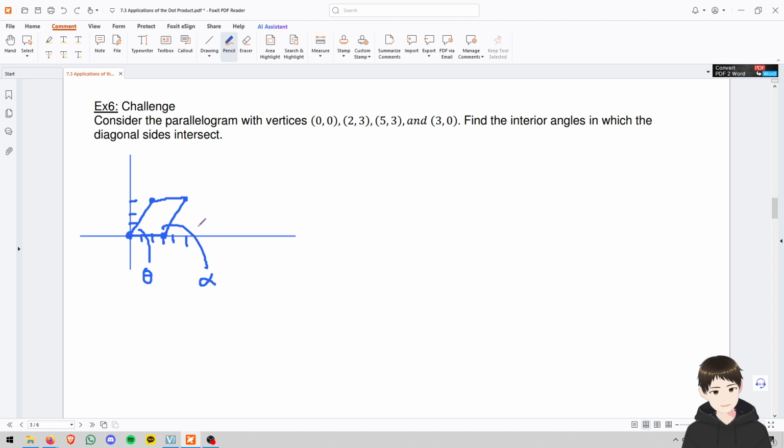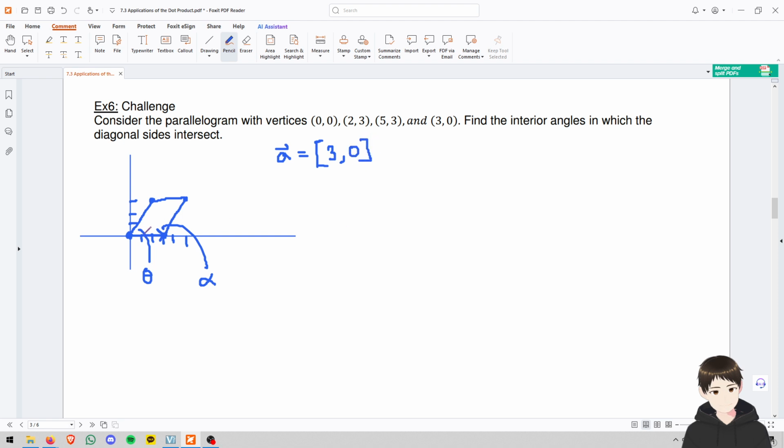Okay. The only connection we have between vectors and angles right now is dot product. Right? Let's do it. The vector from (0, 0) to (3, 0), let's call this vector A. That would be 3 minus 0 and 0 minus 0.